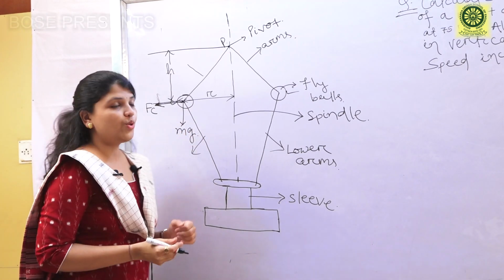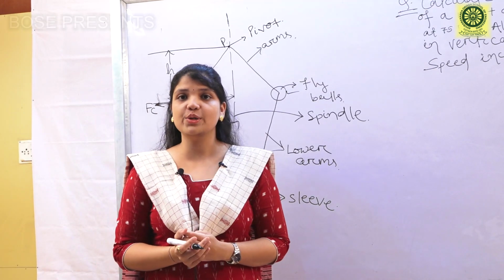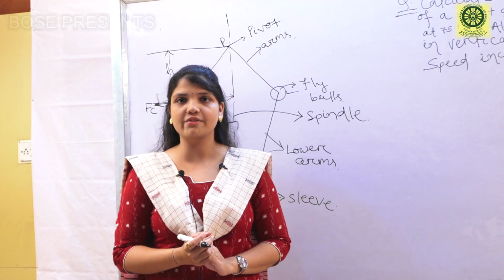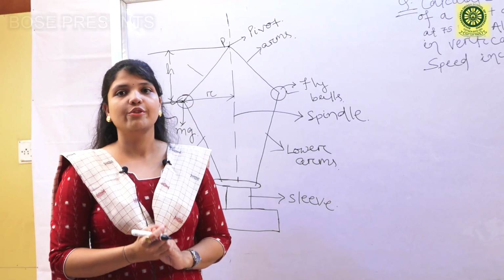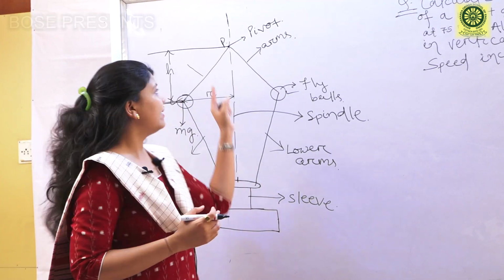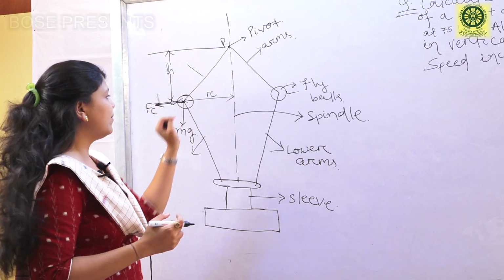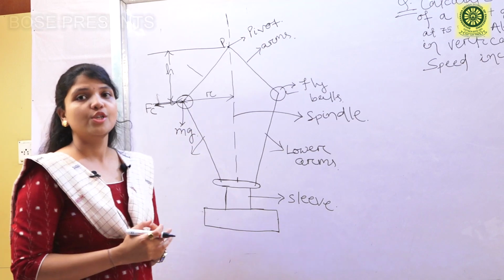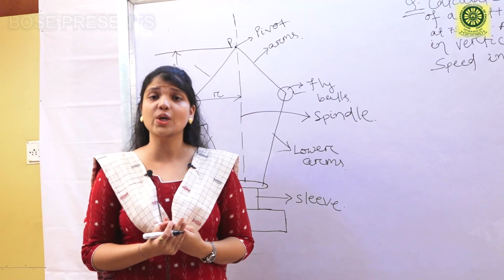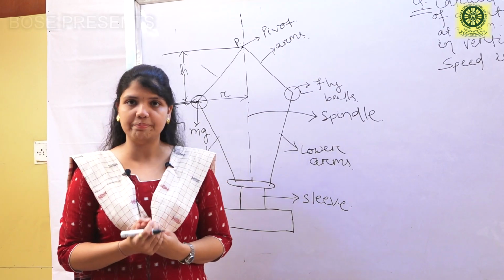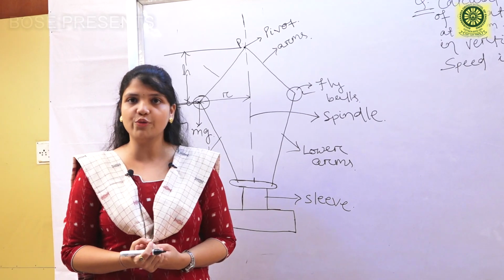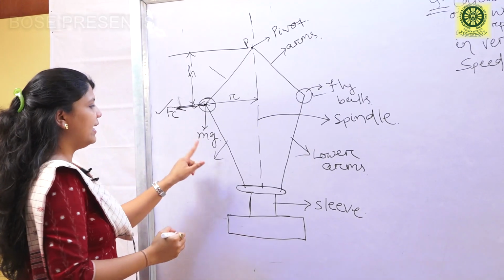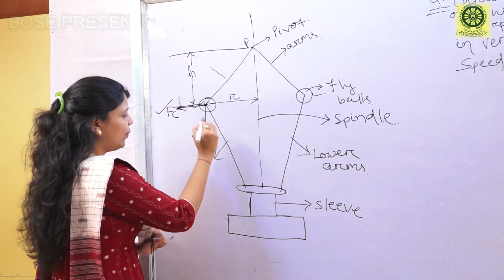First we have to find the relation between the height of the governor and the angular velocity. For that we have to take the moment at the point P. This is the fixed point, so at this point the moment will be 0. In order to calculate the moment at the point P, we have to consider two forces: first, the centrifugal force, and second, the weight.